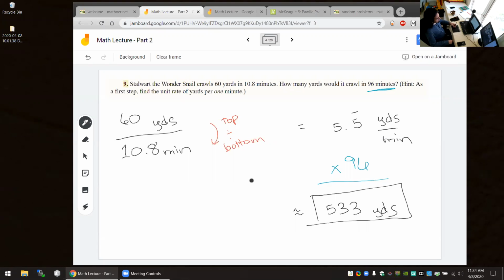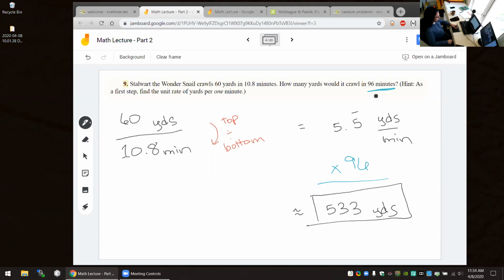It's actually not any more work to not round because my calculator, when I do the 60 divided by 10.8, has that repeating decimal in it. I can just hit times 96 equals and ta-da, right? So I just keep going with the calculator here.